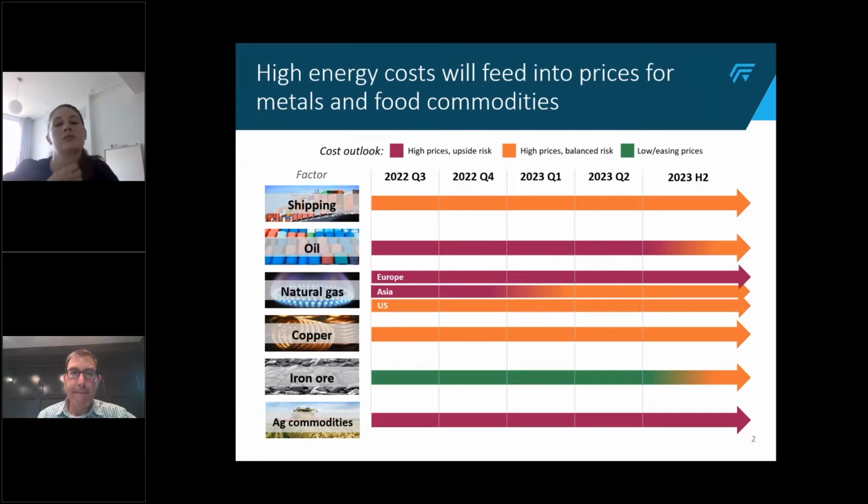Sure. So I think the colors more or less represent where the bias is to the upside in terms of prices potentially rising further. So where you see red, that's where the bias stands. And orange points to balanced risk. The downside biases mainly have to do with recession risk.